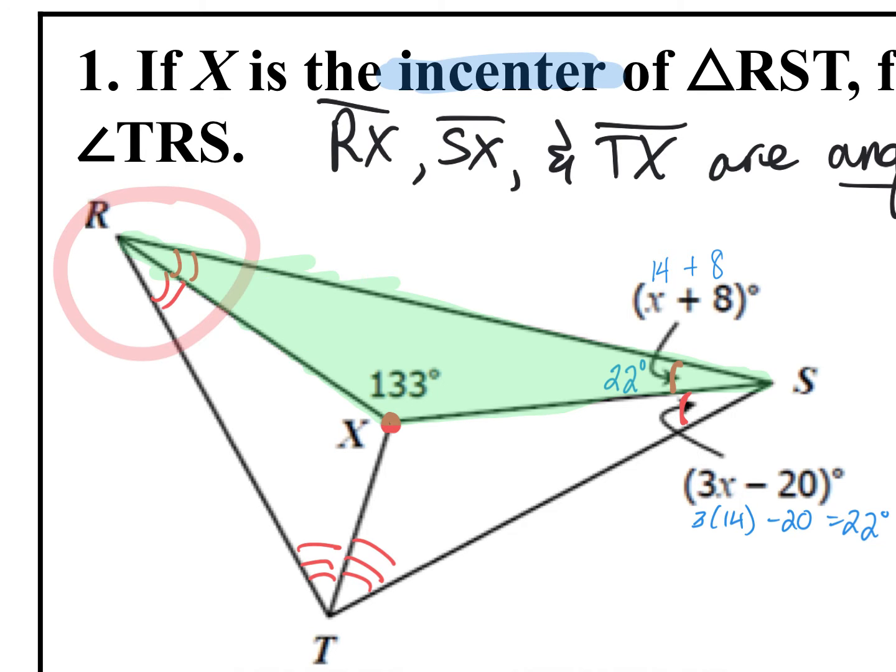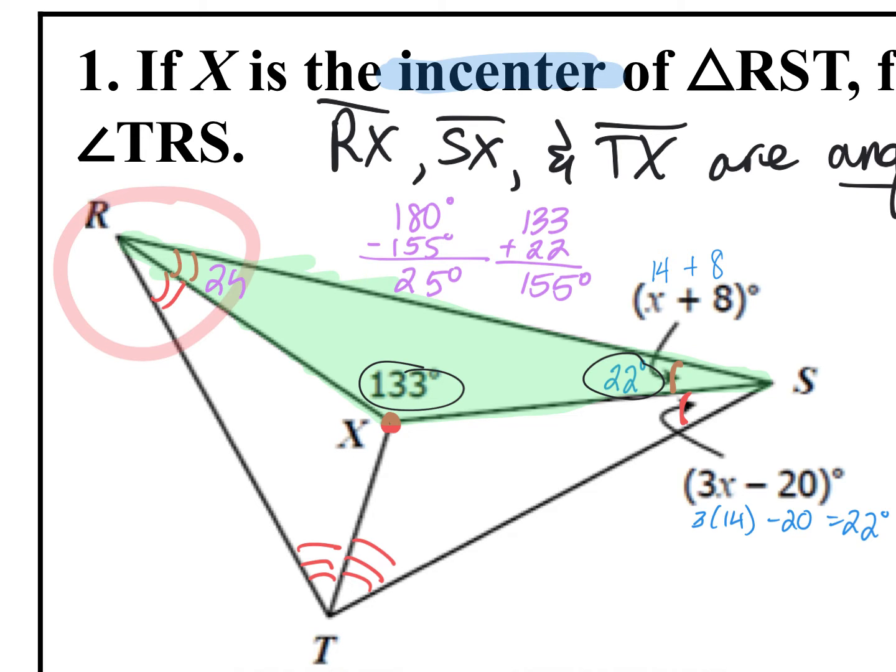Since I have 2 out of the 3 angles, all I have to do is add the 2 angles, so 133 plus 22 gives us 155. And I'm going to subtract that from 180, since all 3 angles add up to 180. And 180 minus 155 gives us 25. So that means that this measure here is 25.